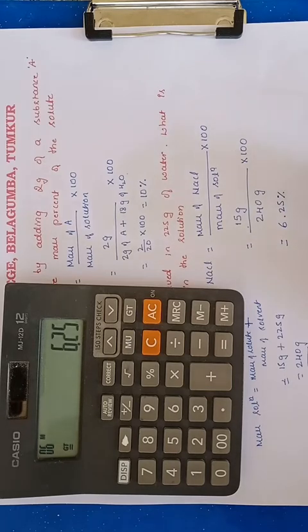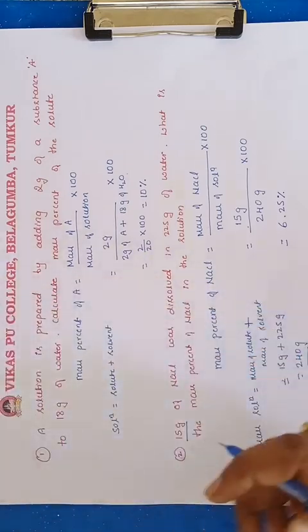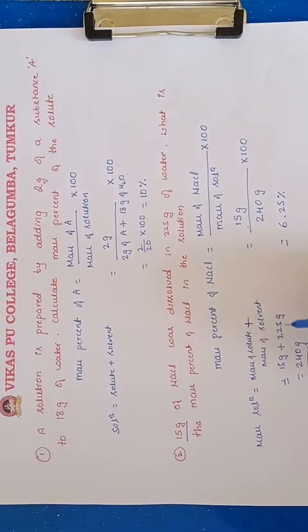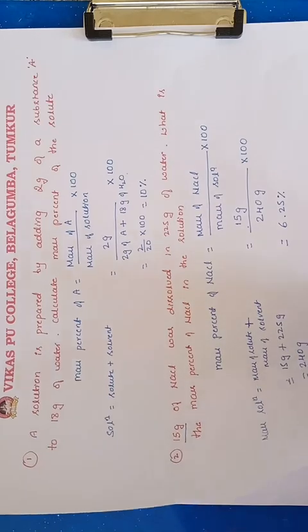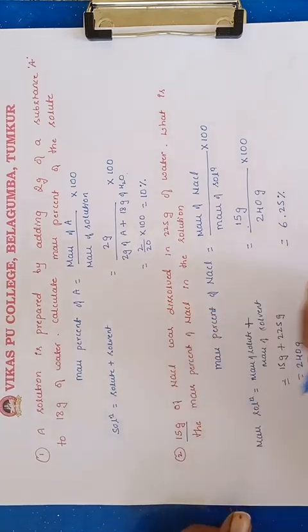This is the mass percent of the sodium chloride. This can also be solved in different ways. One more problem: in these two problems they asked only about the mass percent of the solute. In some other problems they'll ask both the mass percentage of the solute and the solvent.